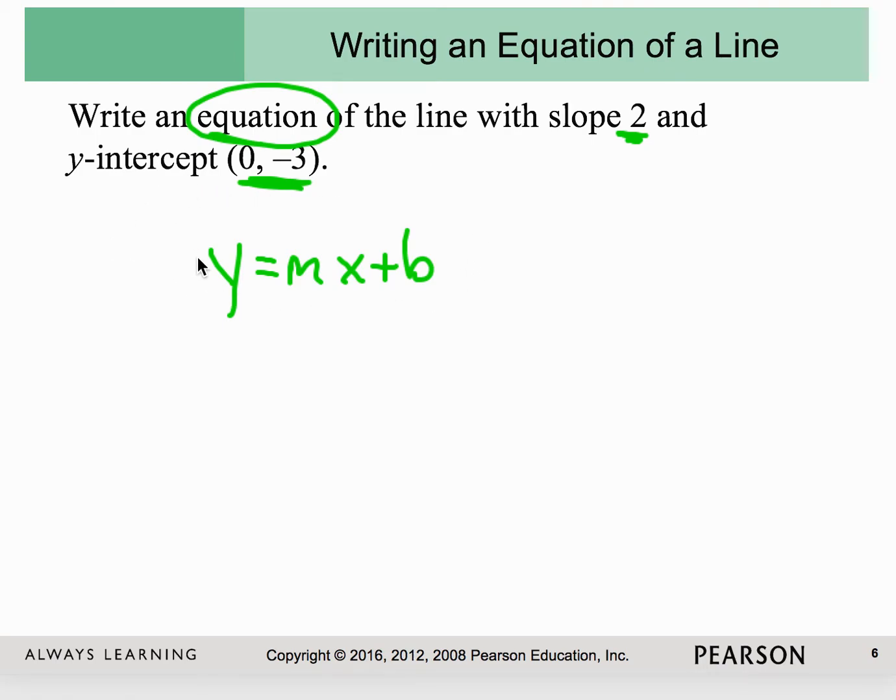Because remember how easy it is to graph. I know everything about this graph. If it's like this, I know where it's located and I know its slope. Without even graphing it, I know what the graph looks like. Okay, if the point it gives me is the y-intercept, I can plug right into my final answer. So the slope is 2, and the y-intercept is -3.